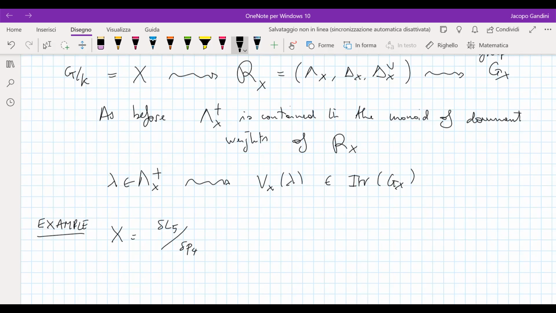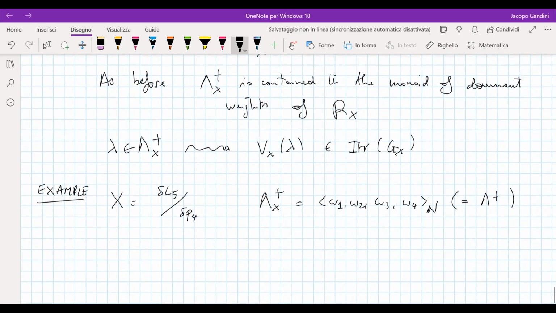But things change in this case. So now what is lambda X plus? Well, this is the full set of dominant weights: omega 1, omega 2, omega 3, omega 4. So if you want, it's equal to lambda plus. I don't remember if I gave this notation, but you understand.